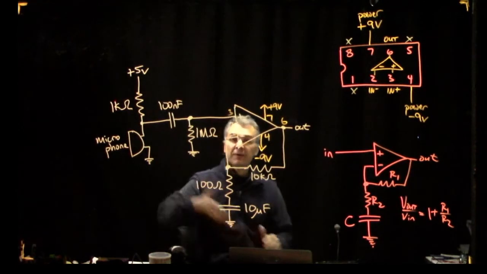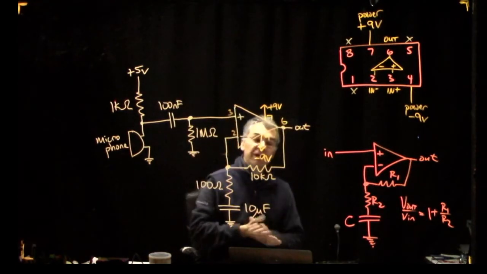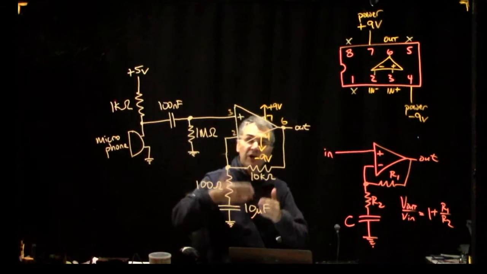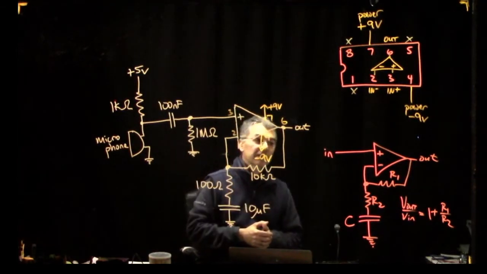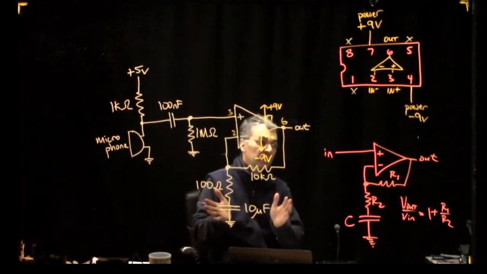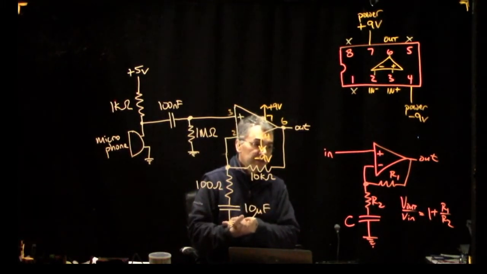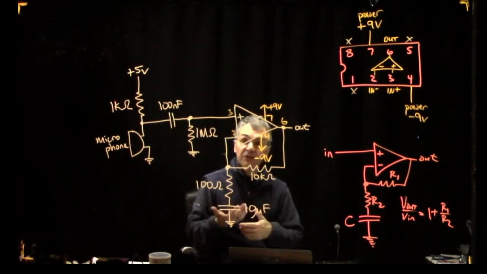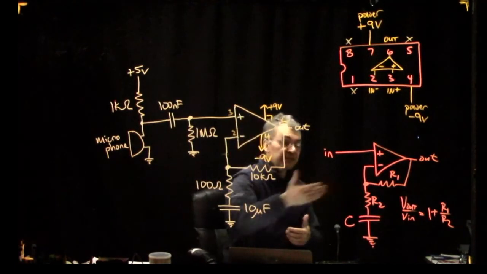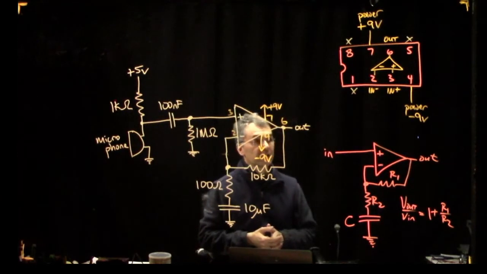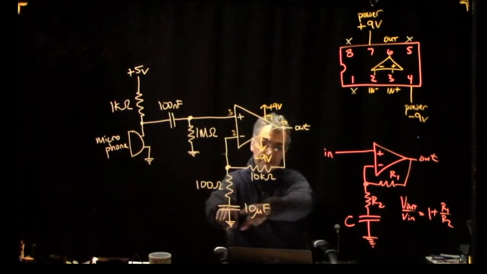So if we have some effect due to the bias current in the op-amp, some effect due to the offset voltage in the op-amp, it only gets multiplied by 1, which isn't too big, whereas for the audio signal that we want to amplify, we have a nice big gain of 100. So that's what this is for.